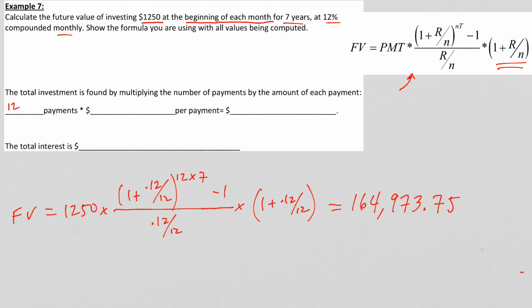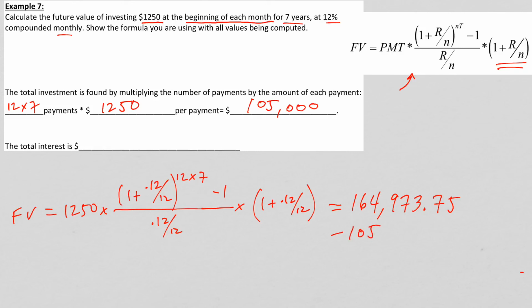Okay, now we are making payments every month, 12 times a year for 7 years. So there's that many payments. And each payment is $1,250. So this comes out to total payments of $105,000.